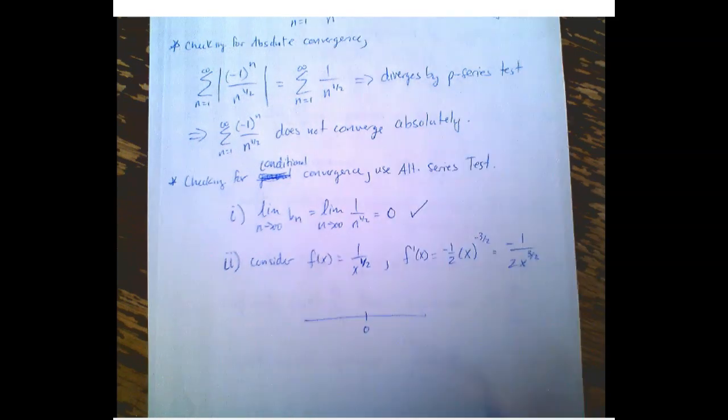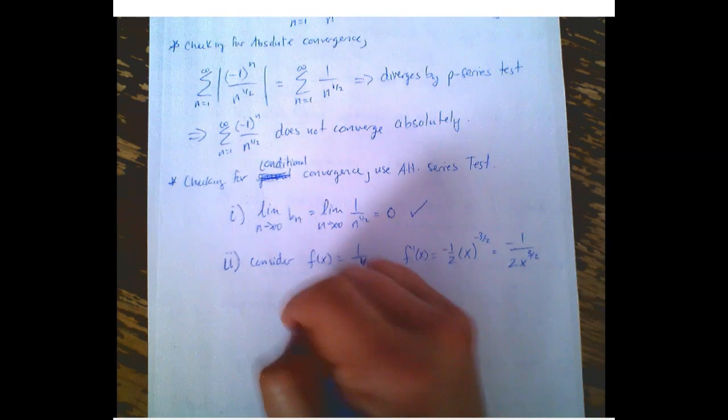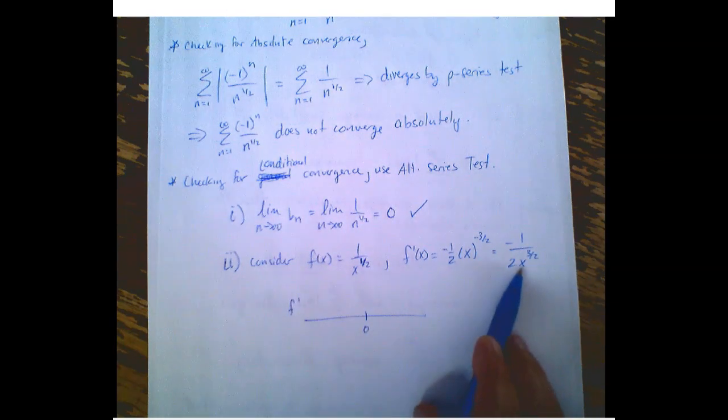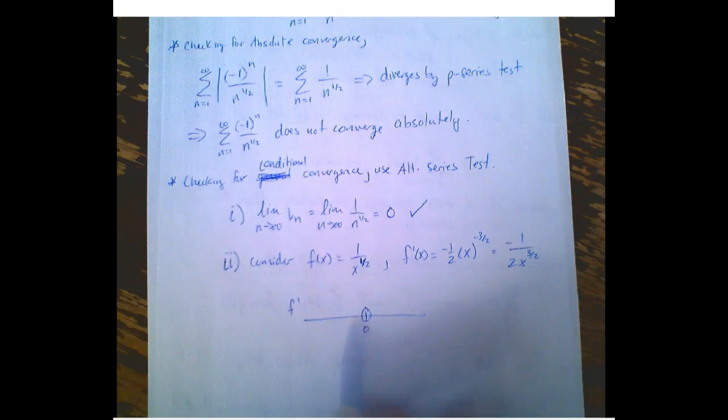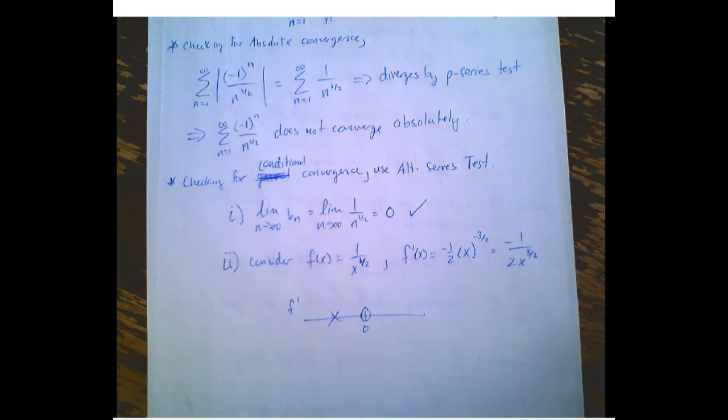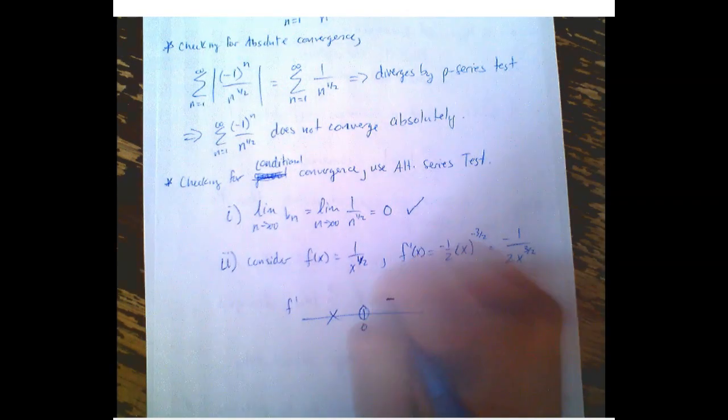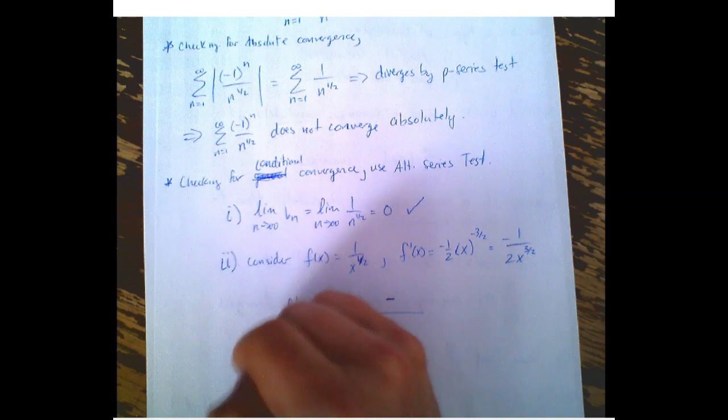Our critical value is 0 because that's where this is undefined. We can't have negative values because we're taking the square root here; they're not in the domain of our original function. When x is a positive number, we get a negative value here. So f prime is less than 0 for all x greater than 0.